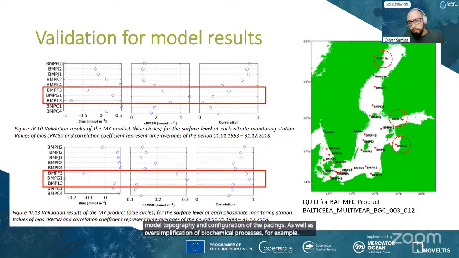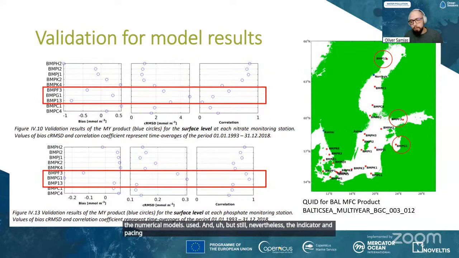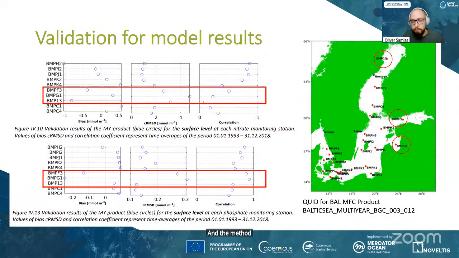We conclude that most discrepancies between the model and monitoring results originate from the numerical models used. But still, nevertheless, the indicator and basin-wise analysis demonstrates the use of models in evaluating the adequacy of the monitoring scheme in the Baltic Sea. And the method can be easily transferred to other sea areas and indicators.